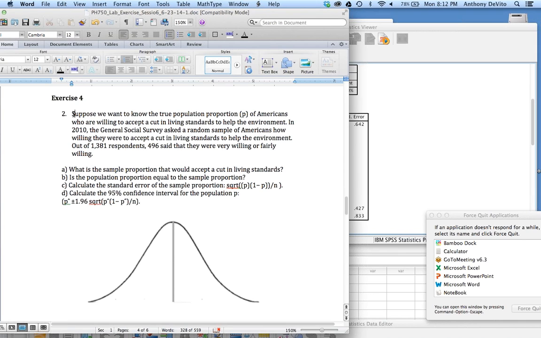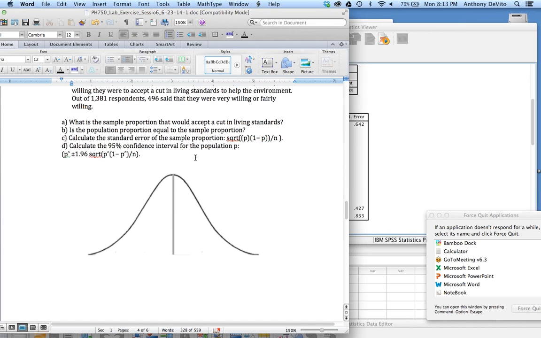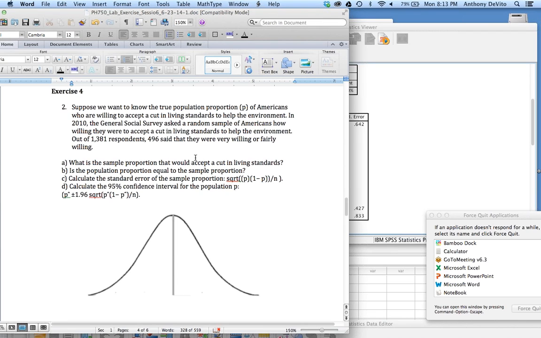You'll have maybe 3 or 4 problems like this, where you have to calculate a confidence interval, and you'll be given the population standard deviation for homework 1A. Homework 1B, 2B, is going to be a little bit more challenging because you won't know sigma, but by Wednesday we're going to know how to handle situations where you don't know sigma and make up for that error that we're introducing. So let's take a look at just exercise 4 at this last moment.